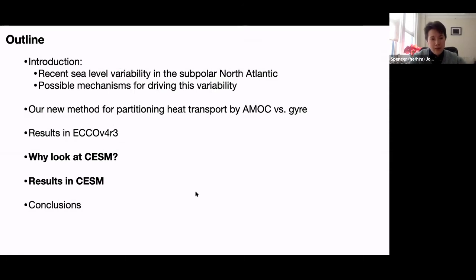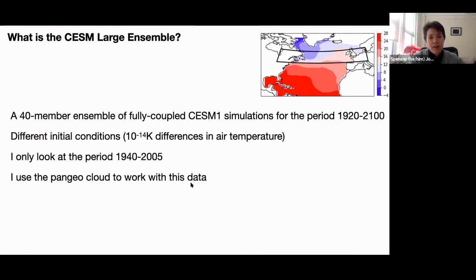So then I decided I wanted to look at CESM. What is CESM? The CESM large ensemble. Basically, there's this 40-member ensemble of fully coupled CESM simulations for the period 1920 to 2100, generated by doing really slight tweaks in the air temperature for the initial conditions at 1920, and then running forwards from 1920.